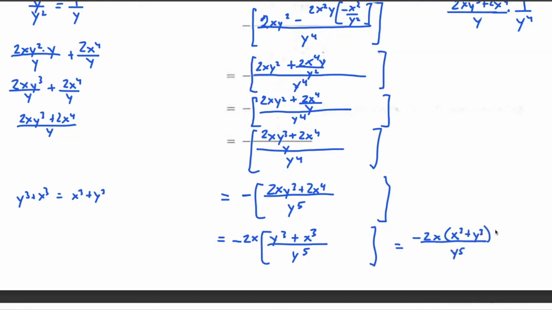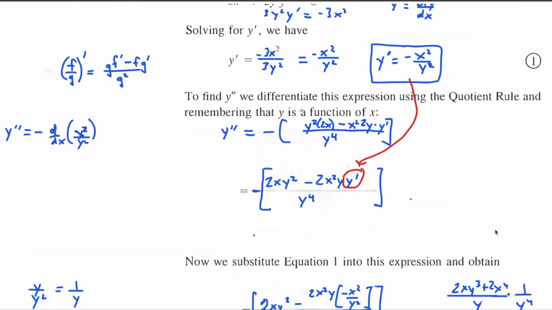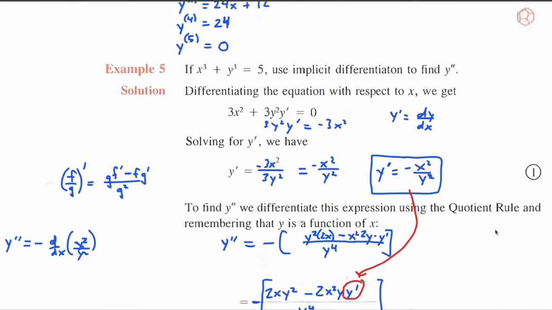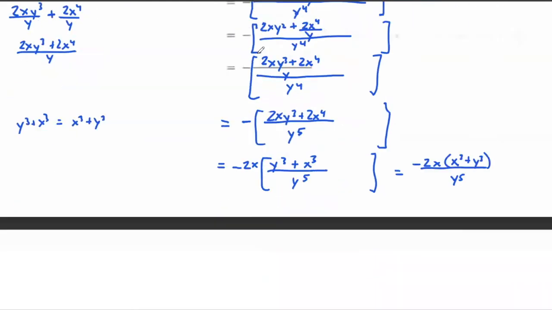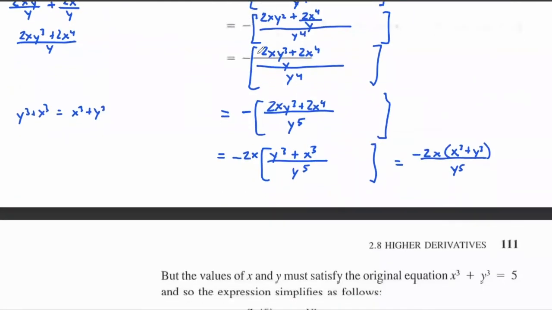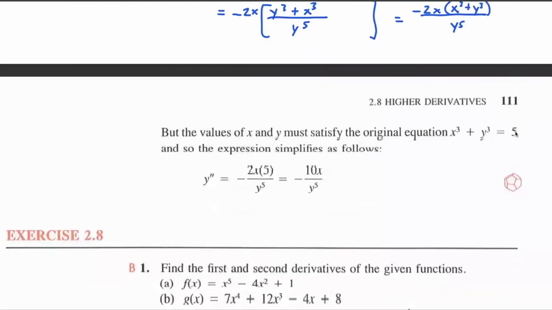In fact, if you take a look at the very original part of the question, remember here we see that x cubed plus y cubed was equal to 5. So wherever we see x cubed plus y cubed, we can just replace it with 5. Well, that's brilliant. So we can change this x cubed plus y cubed into 5. And here you can see it, x cubed plus y cubed is equal to 5.